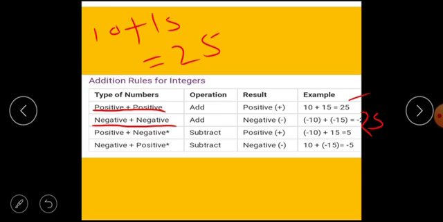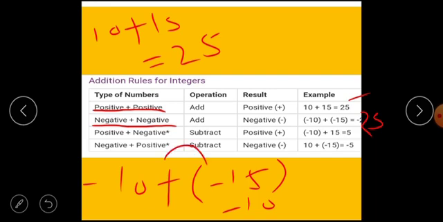In the second example you can see minus 10 plus minus 15. We are using both signs, so you will use brackets here. So you will get minus 10, and this plus into minus.